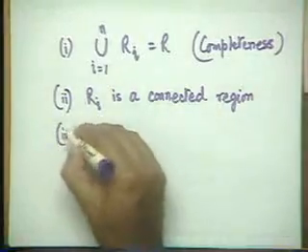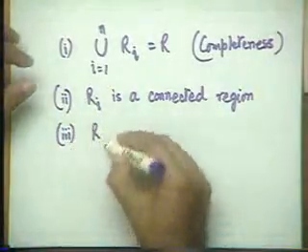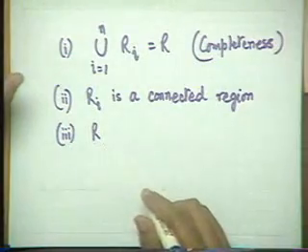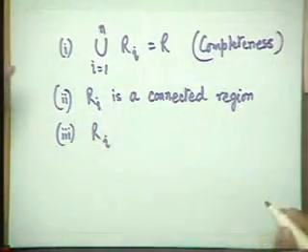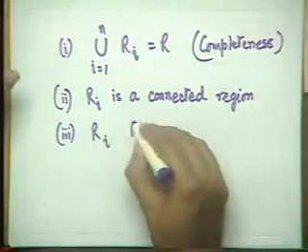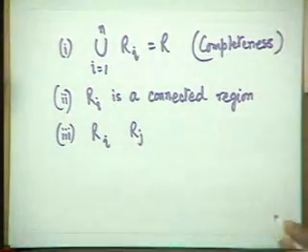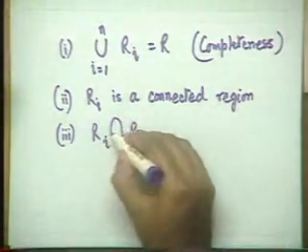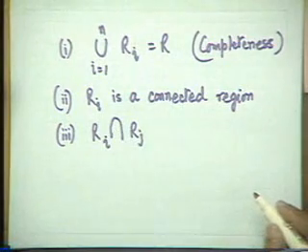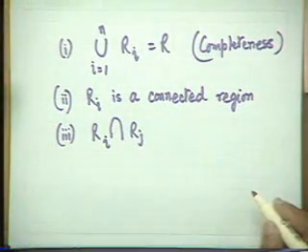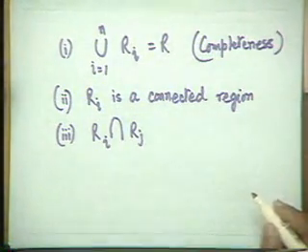The third property is that if I have the intersection of 2 regions, that means to say, let us take one region Ri and another region Rj and take an intersection of this, then the intersection of these two should lead to a null set.